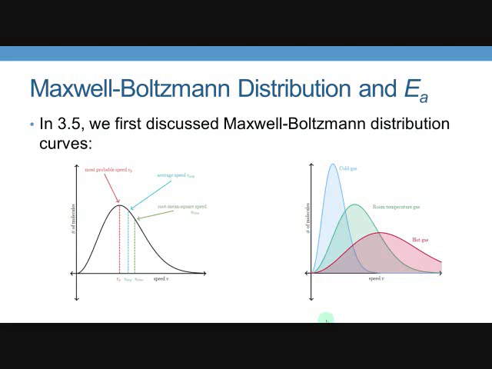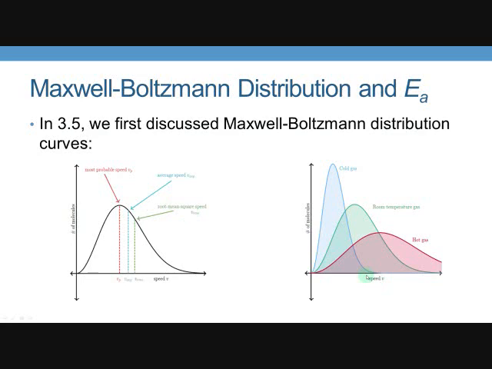In 3.5, we first discussed Maxwell-Boltzmann distribution curves, where, remember, if speed is on the x-axis and the number of molecules on the y-axis, the total area under the curve is all of the molecules that are present in the reaction. Based on speed, we have the average speed point on the graph, the most probable speed, and the root mean square speed.